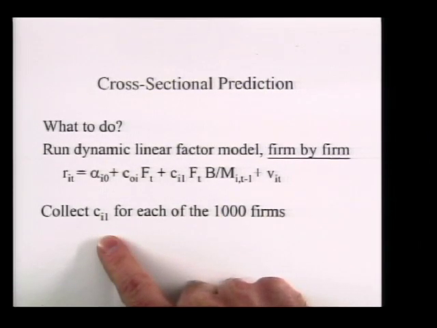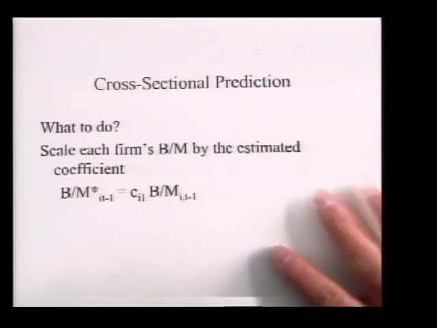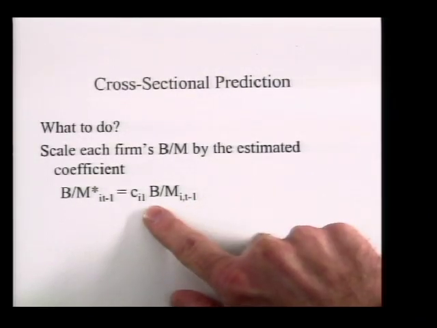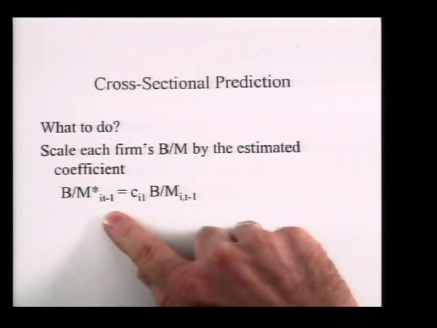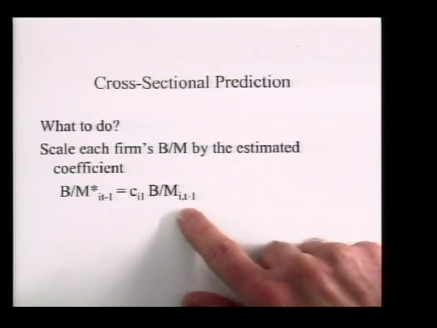And then what we're going to do is scale each firm's book-to-market ratio by the estimated C1 and call that book-to-market star. So I've got 1,000 different C1s and 1,000 different book-to-markets.